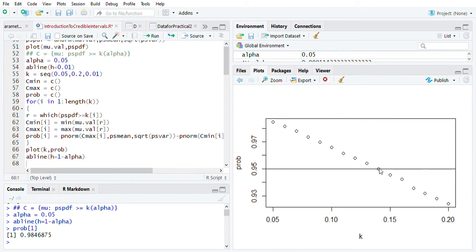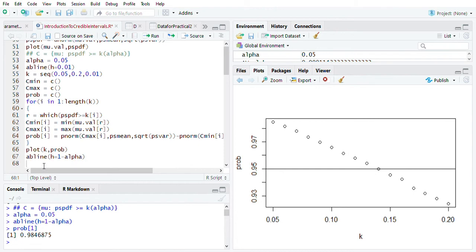So this point is nothing but the point which gives us the largest possible value of k which fulfills the condition. The condition that the corresponding coverage probability of that interval should be at least 0.95. So which is the value of k?